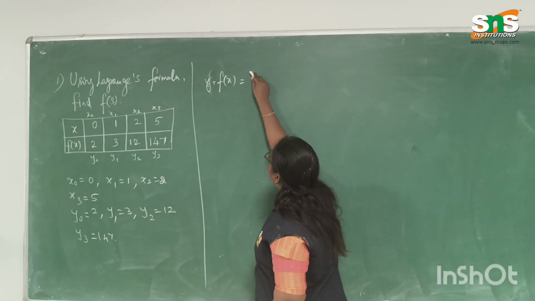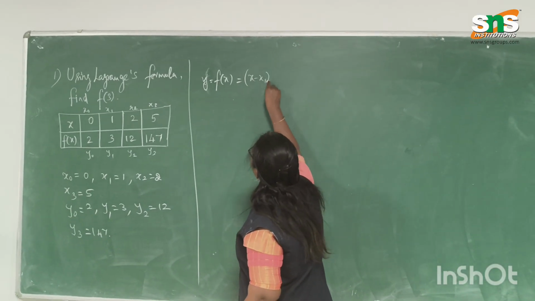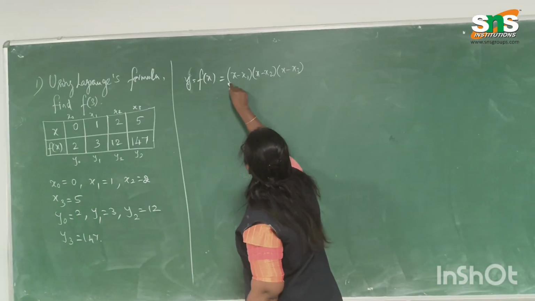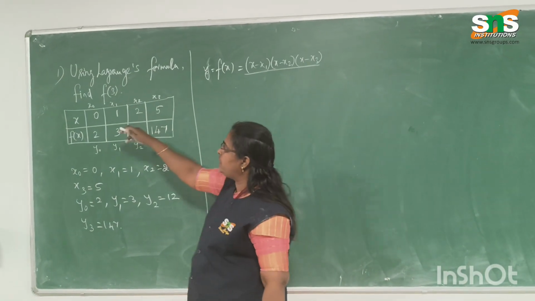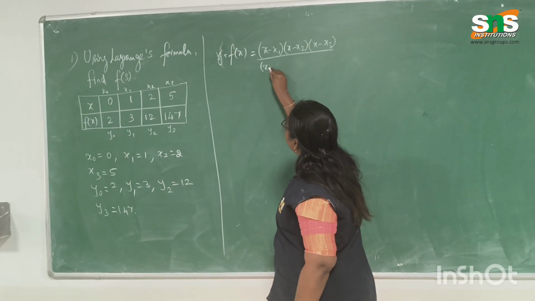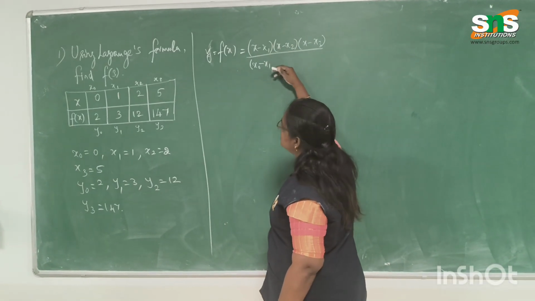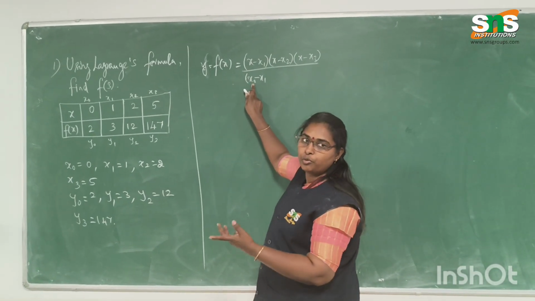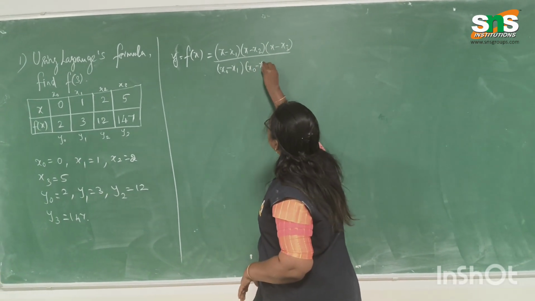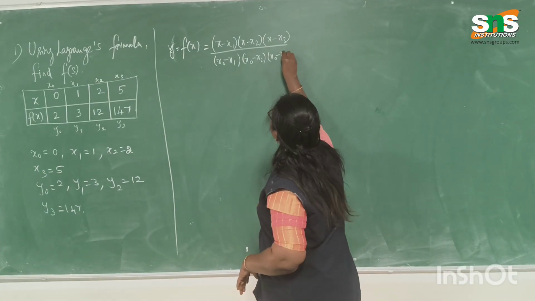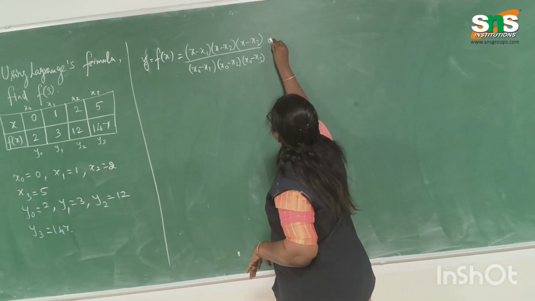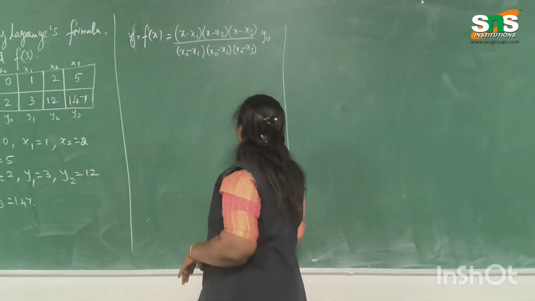Write the formula as (x minus x1)(x minus x2)(x minus x3), divided by the same terms with x replaced by the omitted value x0: (x0 minus x1)(x0 minus x2)(x0 minus x3). Since we chose x0, the corresponding y0 is multiplied here.